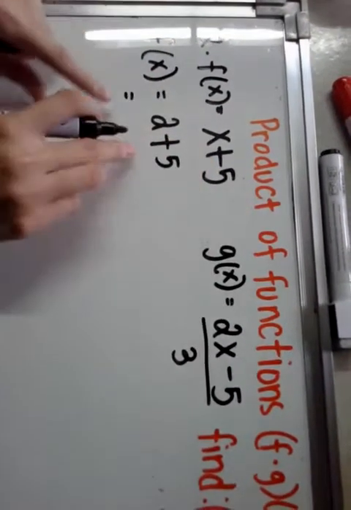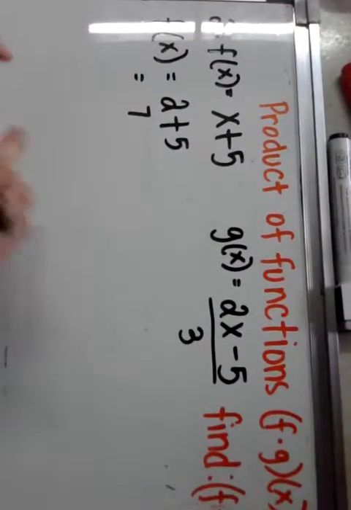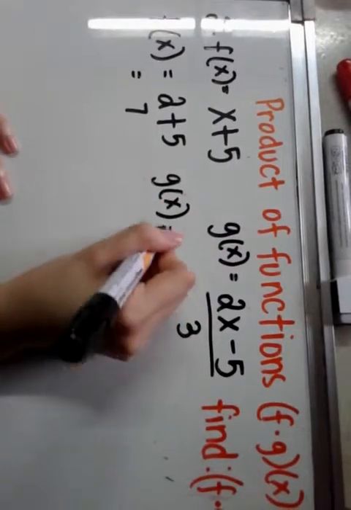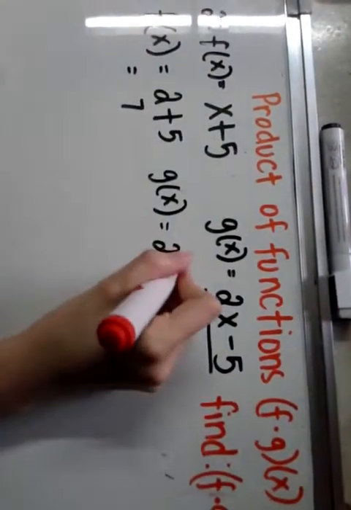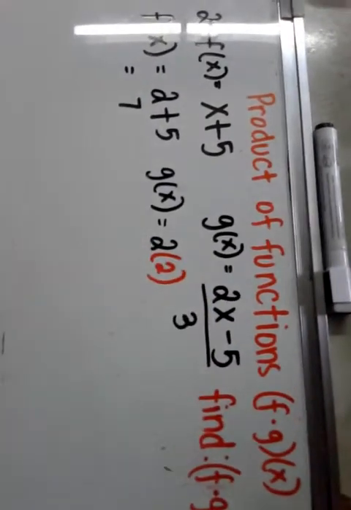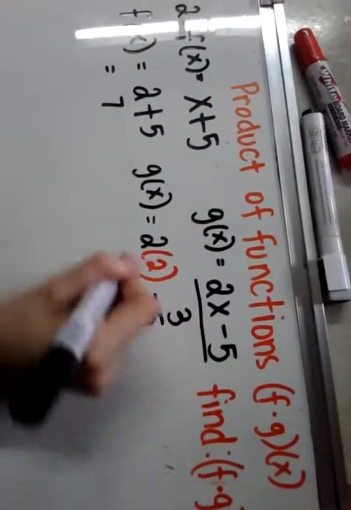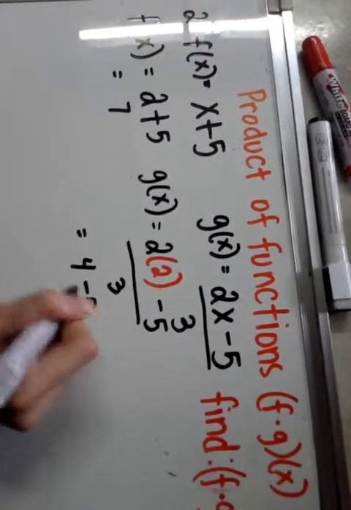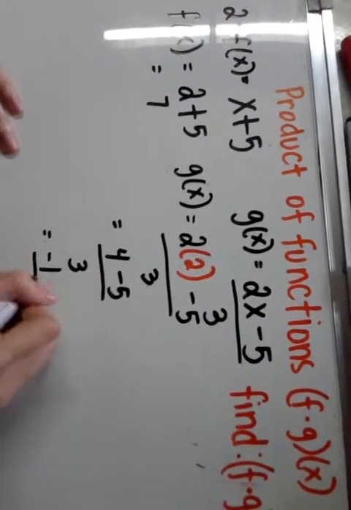So f of x is equal to 7. Let's do it now for the g function. So g of x is equal to 2, substitute it by 2, then minus 5 over 3. 2 times 2 is 4, minus 5 over 3. 4 minus 5 is negative 1 over 3.